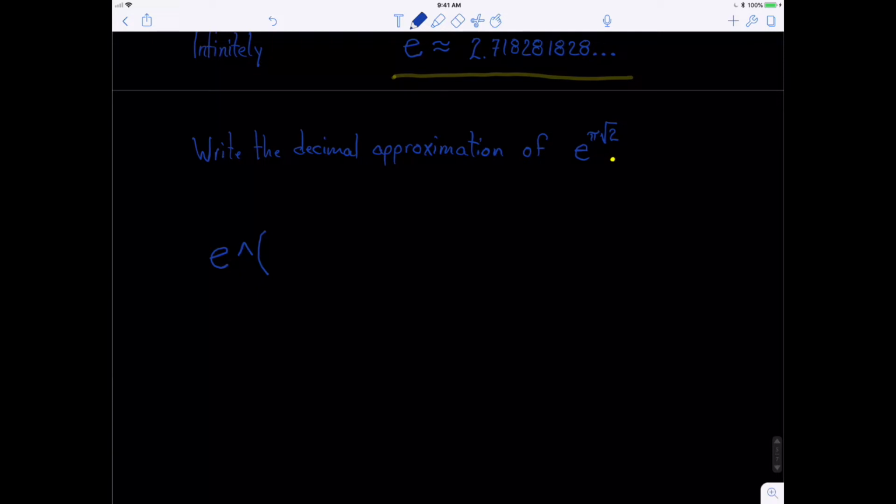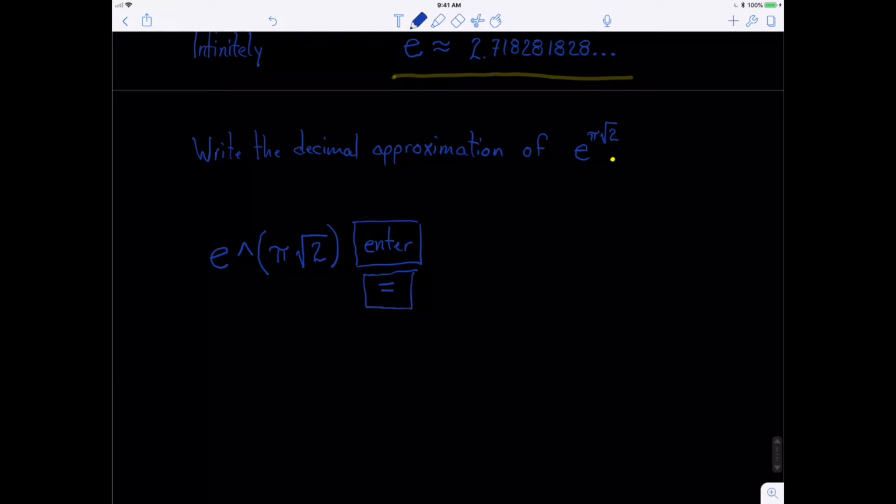So you type pi, then a square root and then a 2. Then you need a parenthesis outside of the square root of 2, and then if you have a TI-84, you press your enter key, or on some other calculators you'll just see an equal button. Either of those works.